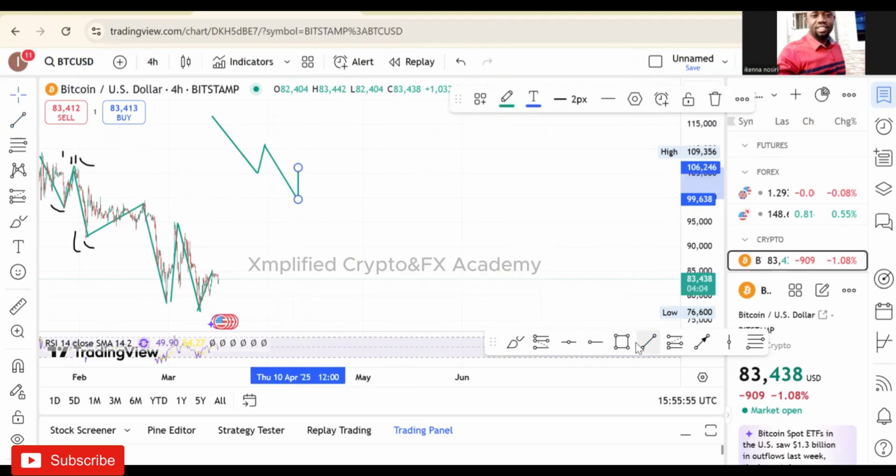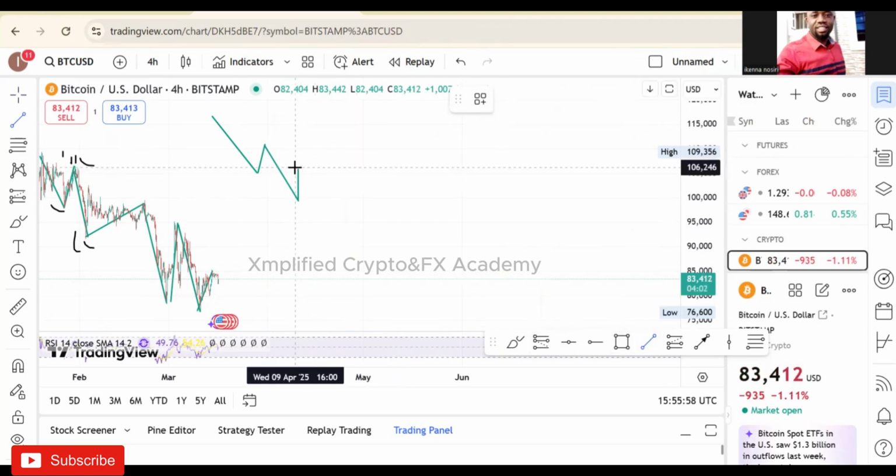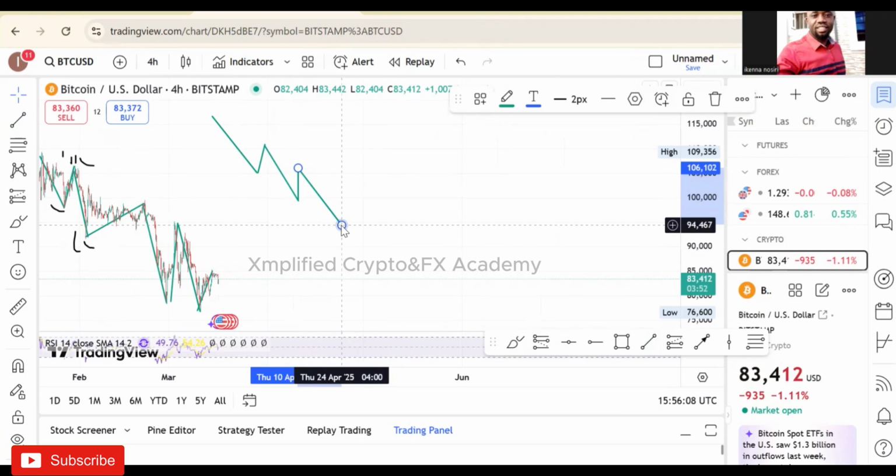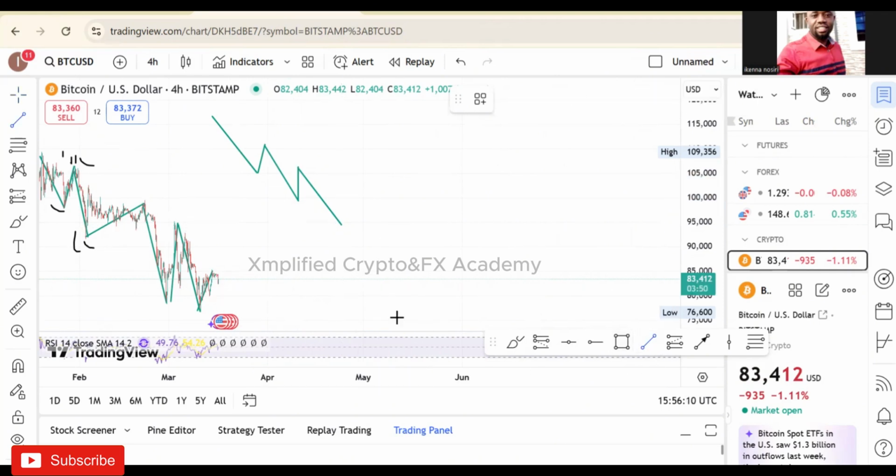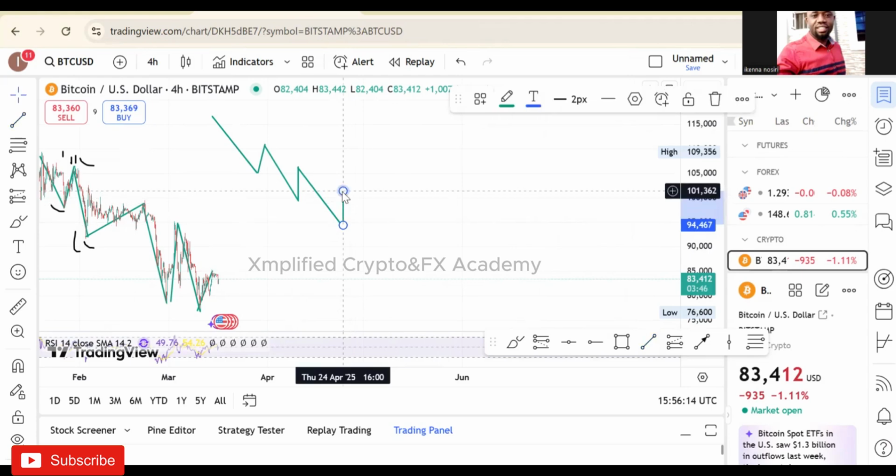Again, a retracement occurred, then we saw a pullback. Let me stop here.